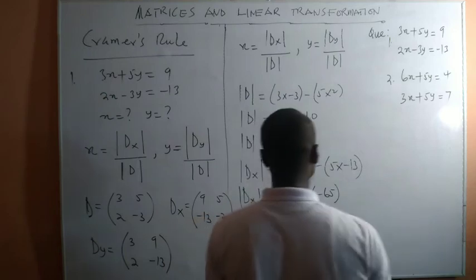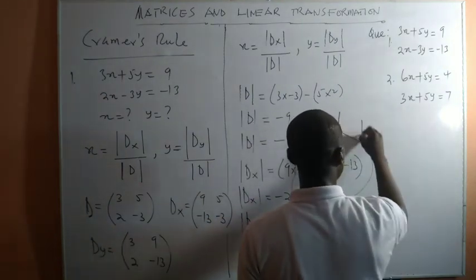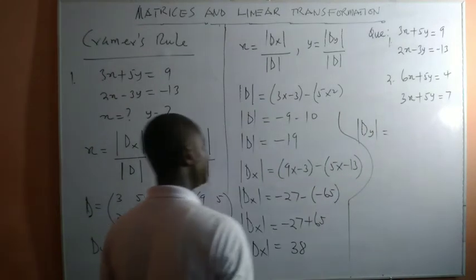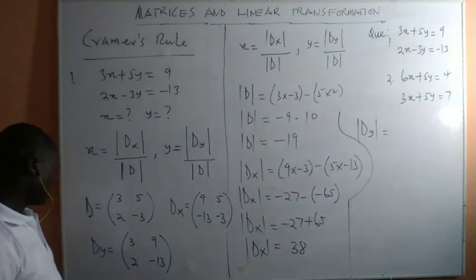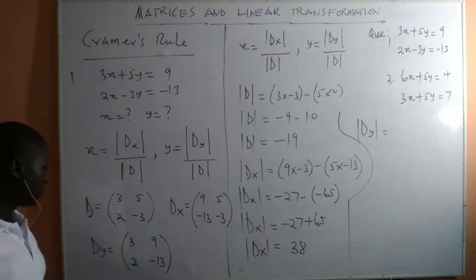Now let's see how you can also find the determinant of the y matrix. For the y matrix, we have 3, 9, 2, minus 13. So the determinant will be 3 times minus 13, minus 9 times 2.